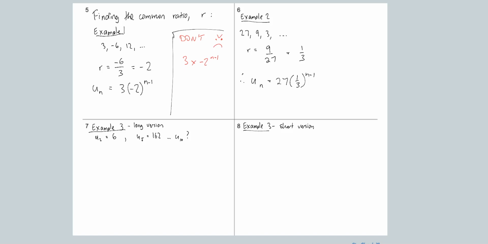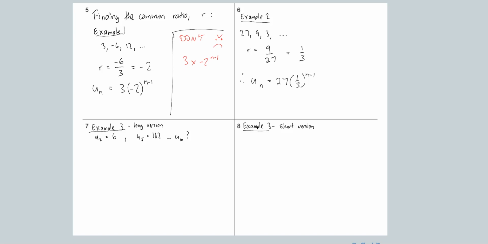If I ask you to find the 10th term with a calculator, you'd be okay with that, because it's really just 27 times a third to the power of 9, done. You've done arithmetic sequences and stuff, so I think you should be okay with that.